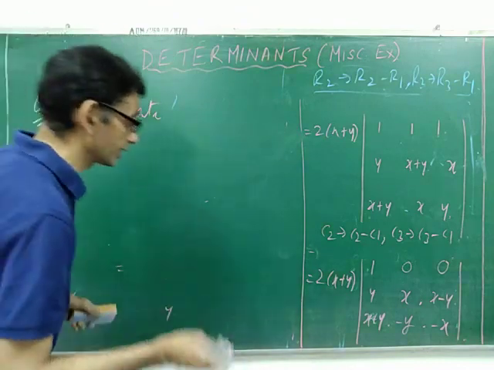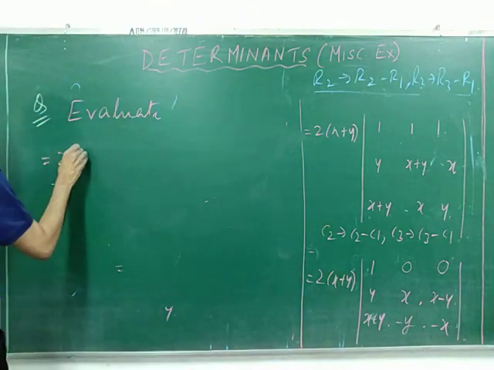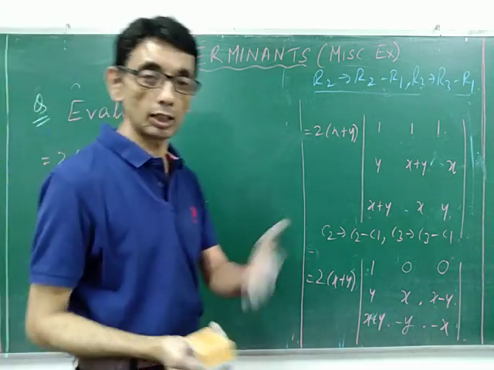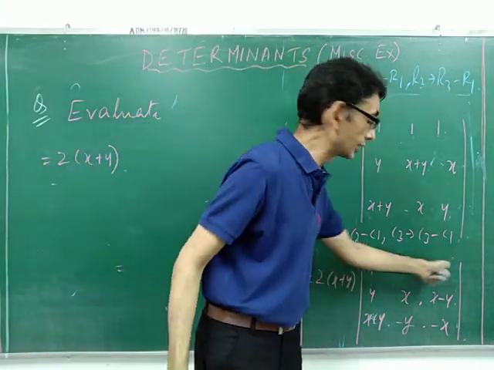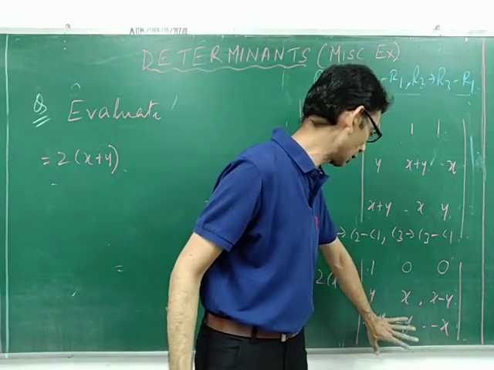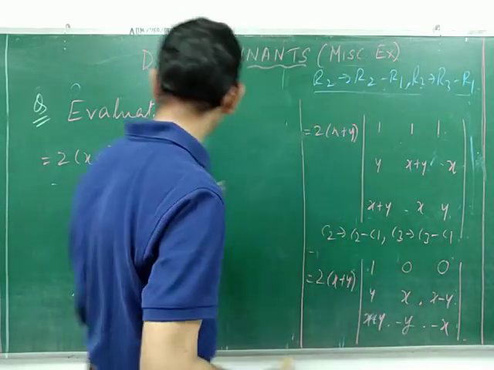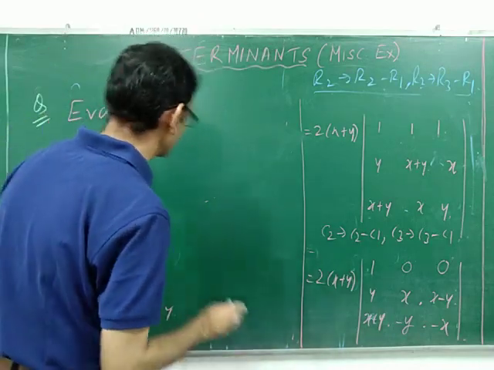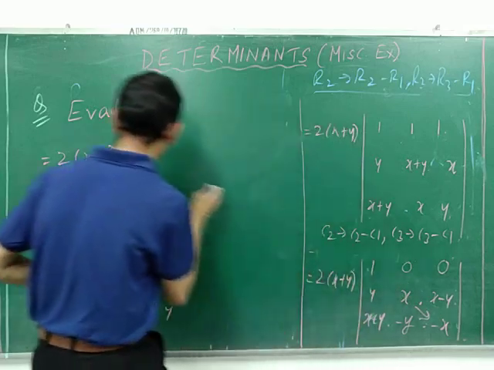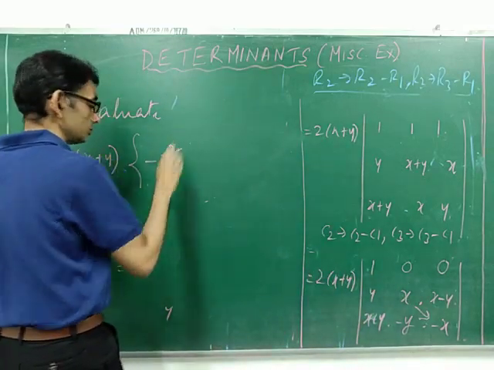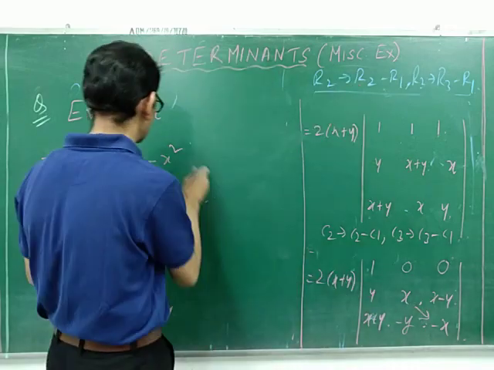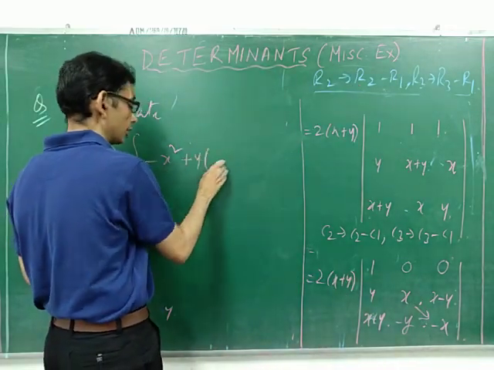So what is the next step to be followed? 2x plus y. So the obvious step is, since the first row has 1, 0, 0, we are going to expand this determinant along the first row. If we expand, what is the value? Okay, so we will have to multiply this. So it will be minus x squared, and there will be one extra minus sign, that is plus y.